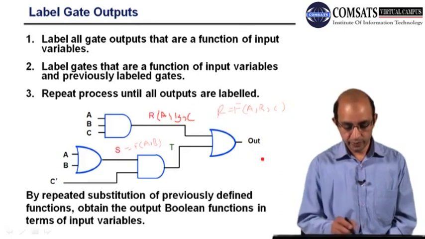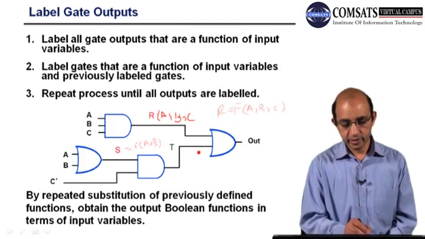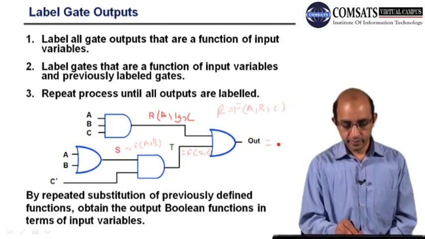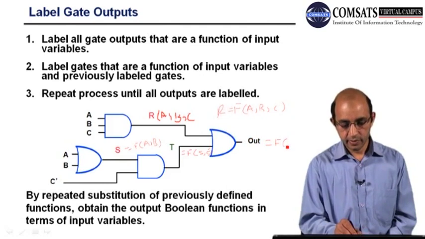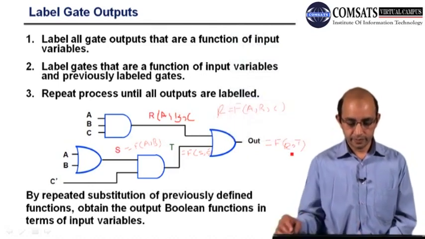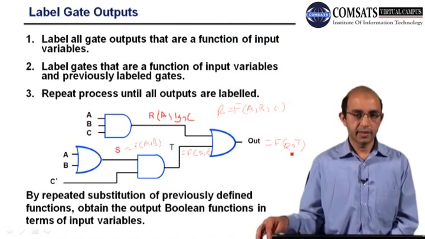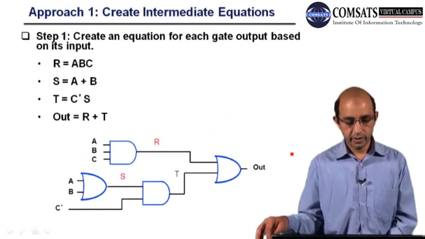You can see that this T is a function of S, because we have S over here, and C bar, and this output is a function of R and T. So we will keep on going until we reach the outputs.